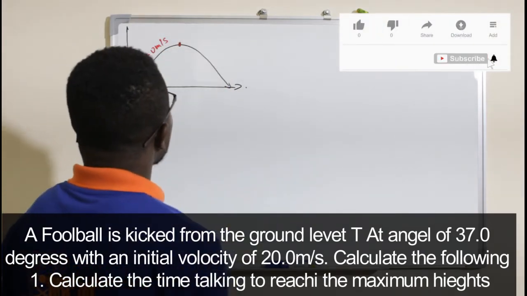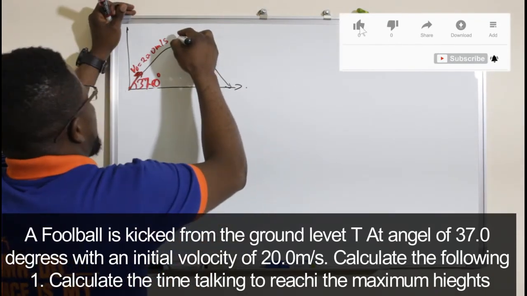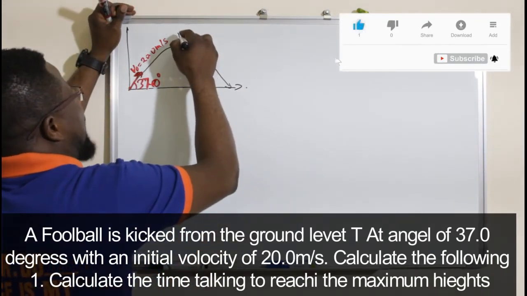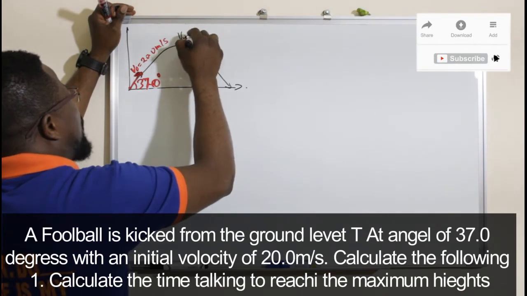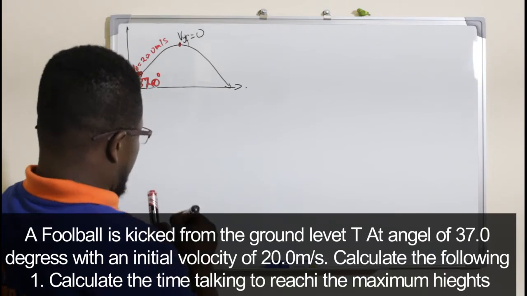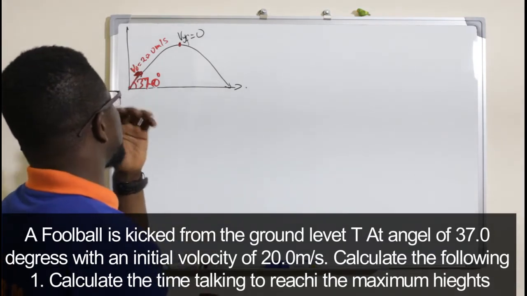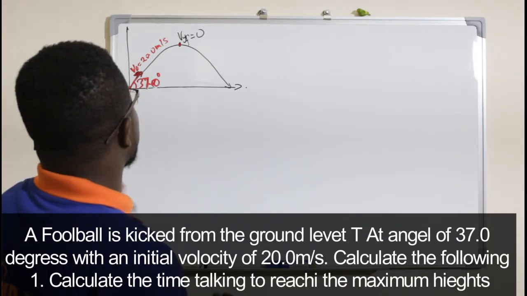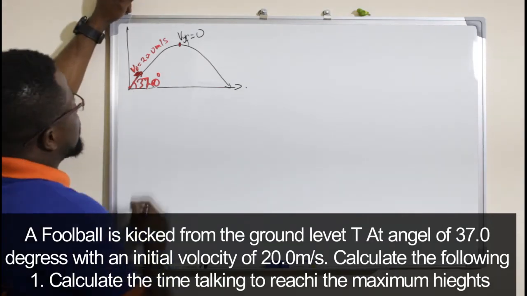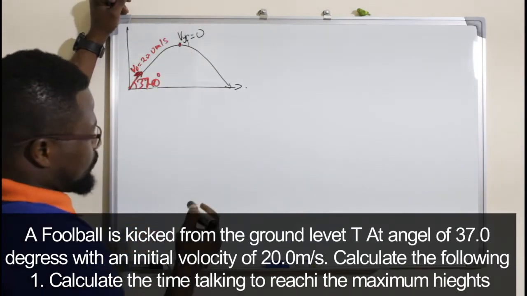Right. What we know is that at the maximum height, the final velocity of the y component is equal to 0. So if the final velocity of the y component is equal to 0, then what is the time it will take to reach that height?